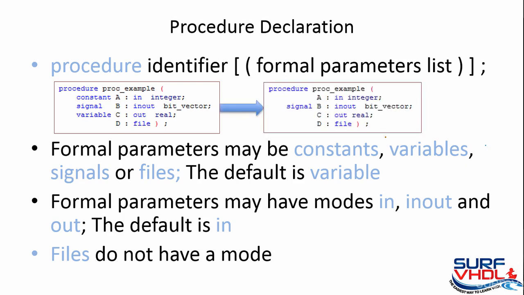The equivalent default declaration of proc_example is procedure proc_example (A: in integer; B: inout signal bit_vector; C: out real; D: file), where the input parameter A has the default type object constant, and the output parameter C has the default type object variable.